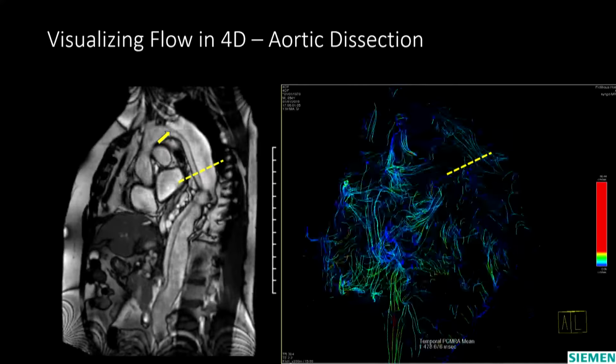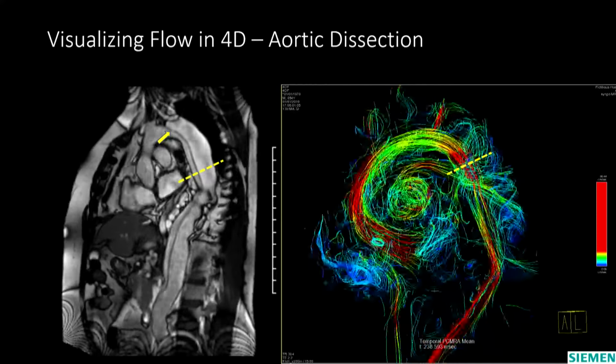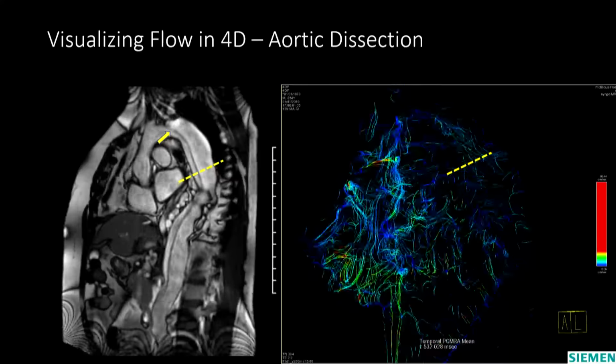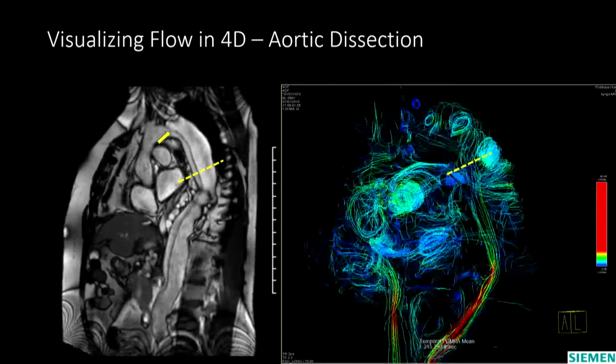People have shown that it's very hard to reproduce that flow pattern because of the lack of capacitance in the Dacron graft compared to human tissue. But what is the end effect of that? We don't know, because we need more long-term studies, especially pre and post surgery, to understand not just that we put in a tube graft or recreated it, that's great, but what the downstream effect is over a few years of doing our surgical operation.